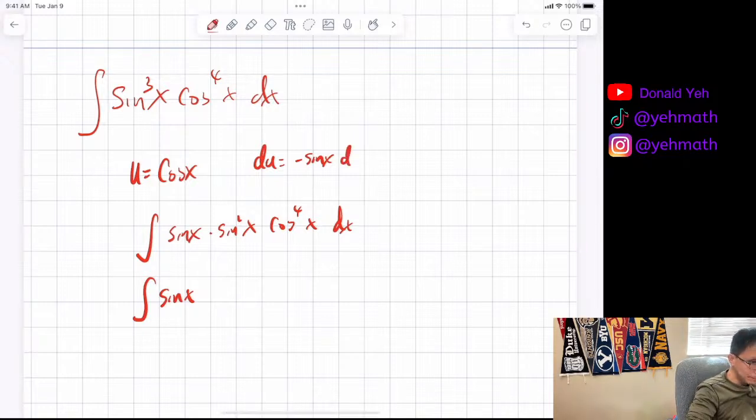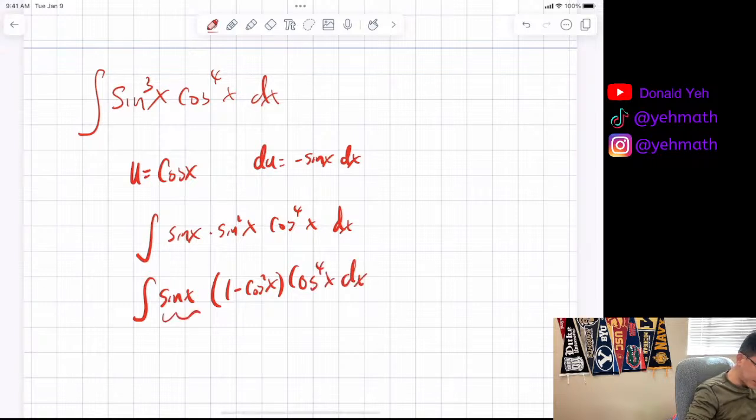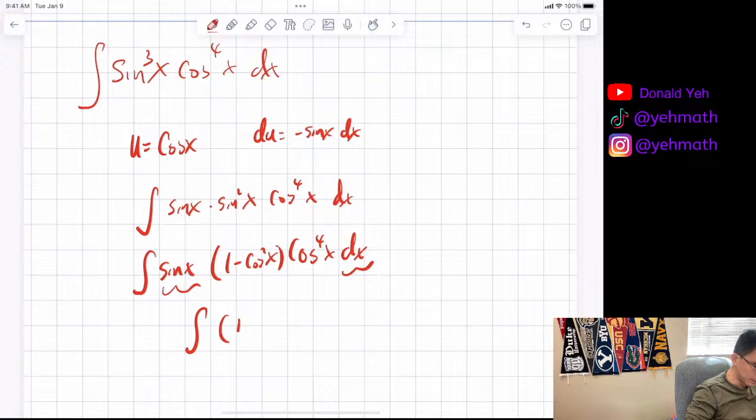Does that make sense? And this one is going to be 1 minus cosine squared of x times cosine to the fourth of x dx. Now, this one here is the du. So it'll be 1 minus u squared times u to the fourth, and this is a negative du. Does that make sense? You see that?